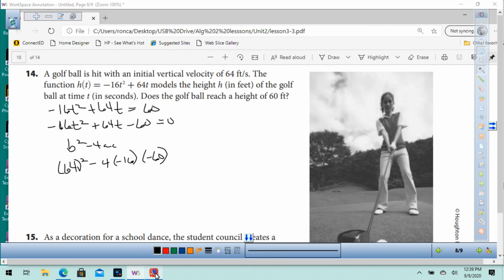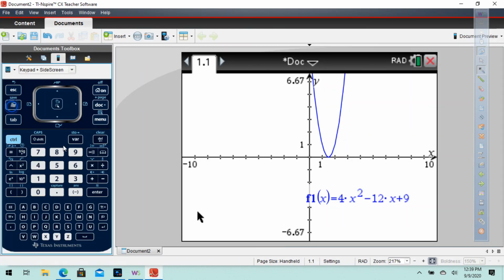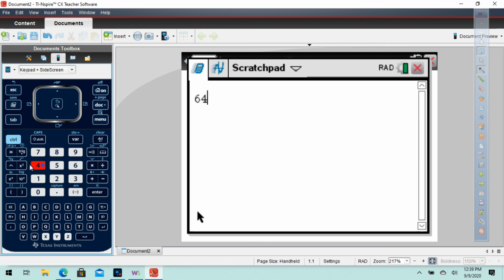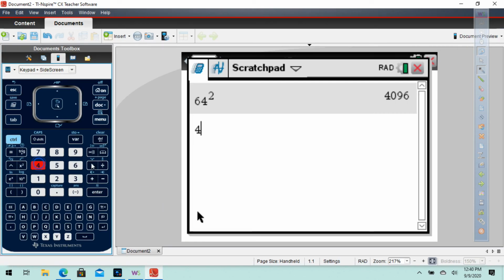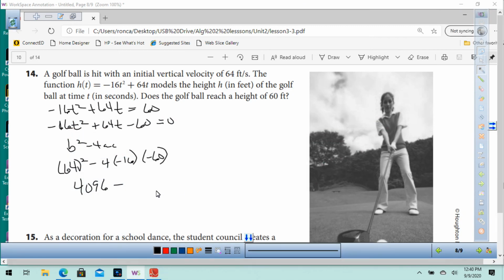So let's see here. 64 squared is 4,096. We got negative and negative, that's positive. So we got 4 times 16 times 60. That's 3,840.